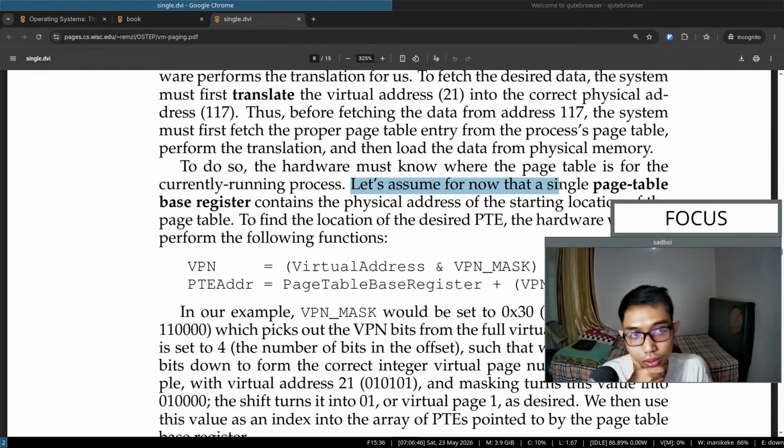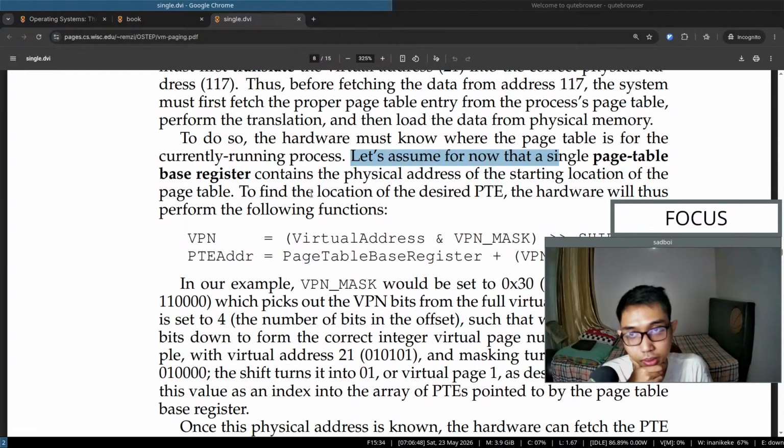Let's assume for now that a single page table base register contains the physical address of the starting location of the page table. To find the location of the desired PTE, the hardware will thus perform the following function.